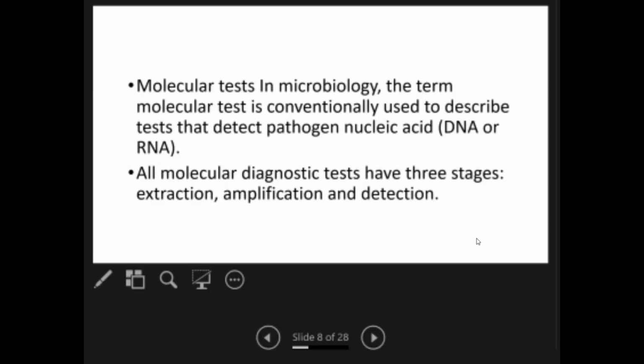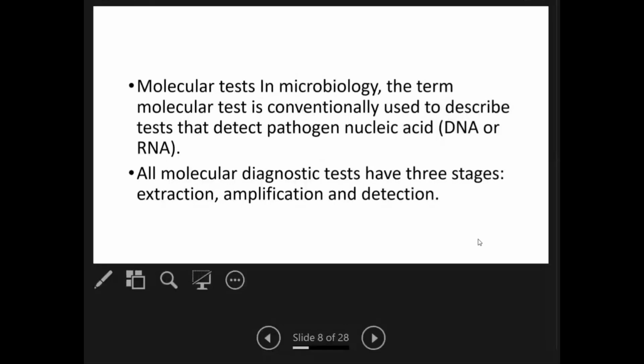For example, if you want to tell using molecular diagnostics that this is Mycobacterium tuberculosis complex, we have designed tests in the laboratories. We detect the genes or the DNA molecule which is specific only to Mycobacterium tuberculosis complex. So the test gives a positive result only if this specific area is present in the sample.